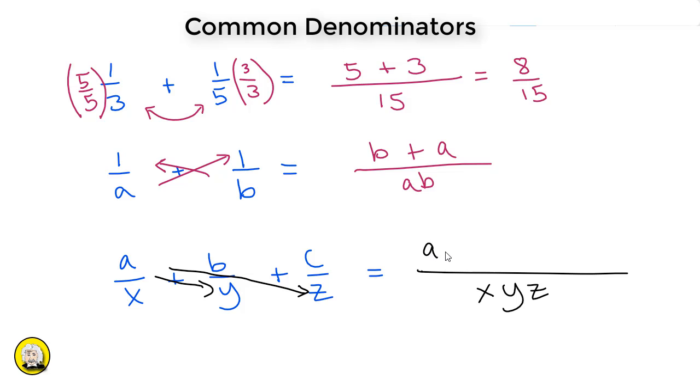So it becomes a times y times z plus b, then multiplied by the other denominators for b, in this case that's x and z, plus c times, the pattern is you multiply the other denominators, in this case x and y, and that will be the form of your final fraction summation. So recapping, it's the product of all the denominators, and then it's the summation of each numerator multiplied by the other denominators for your new numerator.